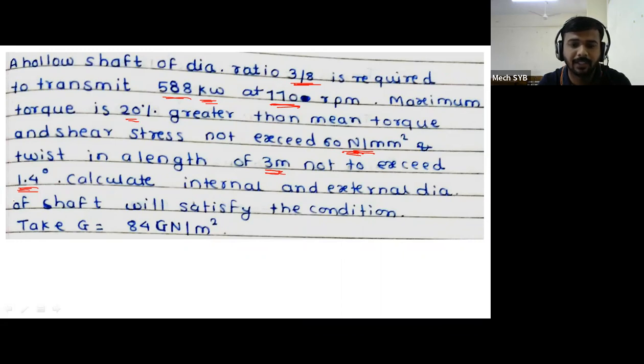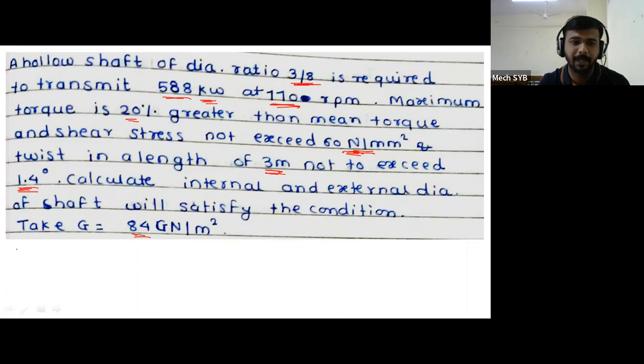Calculate internal and external diameter of shaft that will satisfy the conditions. Take capital G is equal to 84 giganewton per meter square. Same statement like previous problem, and you have to find out the internal diameter and external diameter.